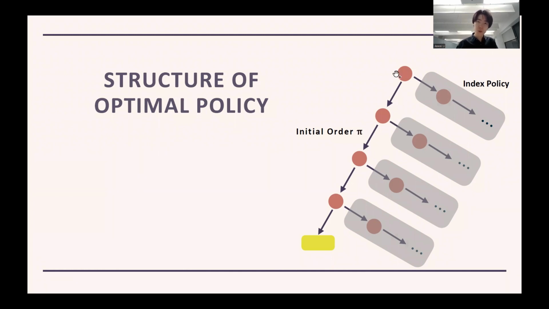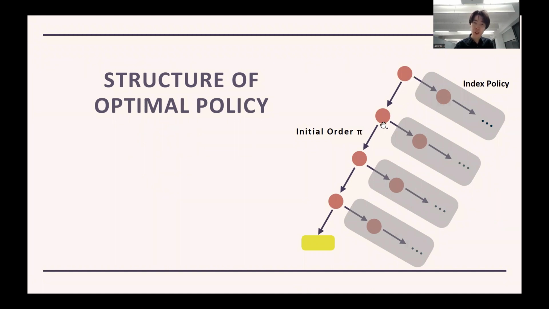So what you will do is try to open each box in that initial order. But sometimes you will switch. So there will be a threshold value at each step. So once you get a value that is large enough, then you will switch to the index policy. If not, you keep on the initial order.